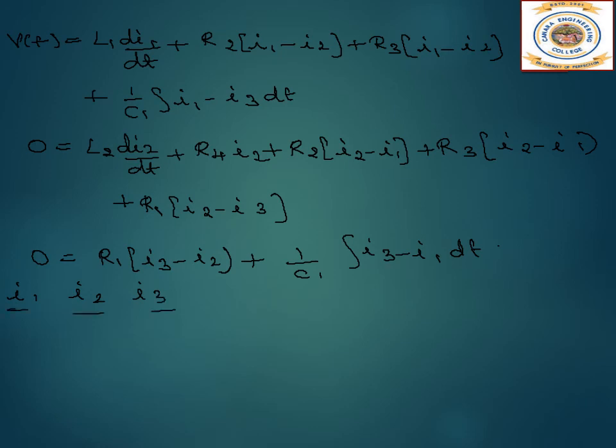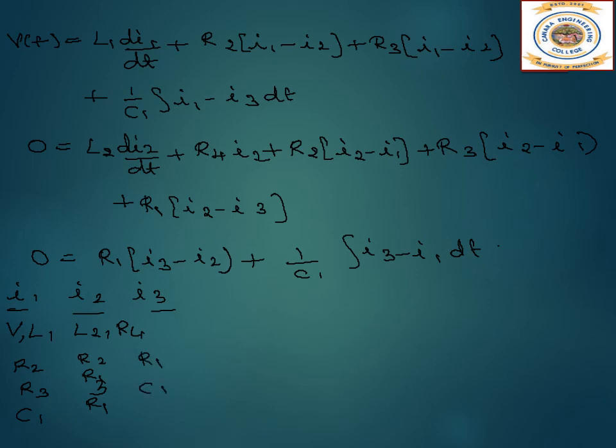In the I1 loop only, we have the voltage, then L1, and R2, R3 and C1 are shared with other loops. In loop 2 we have L2 and R4, then R2, R3 and R1 are shared. In loop 3 we don't have anything of its own; it is between R1 and C1.